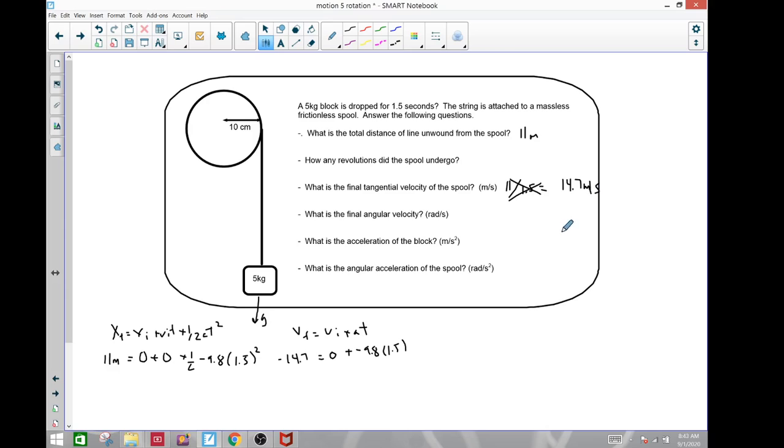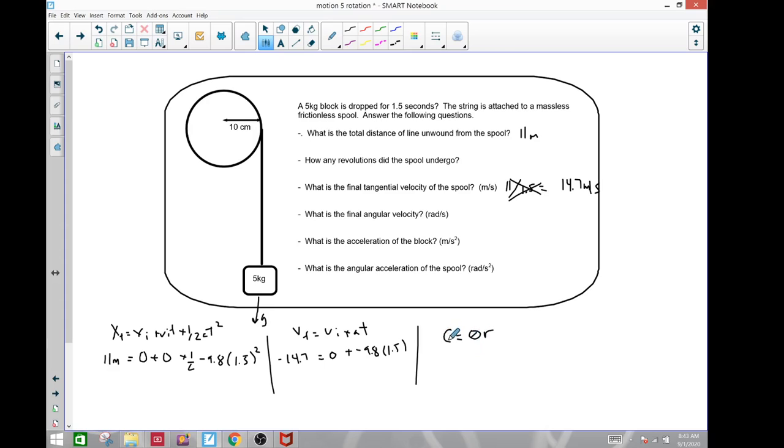So, all right, let's do a couple things here. How many revolutions did we go through? Let's go back to our basic formula. Arc length is equal to the angle traveled times the radius.